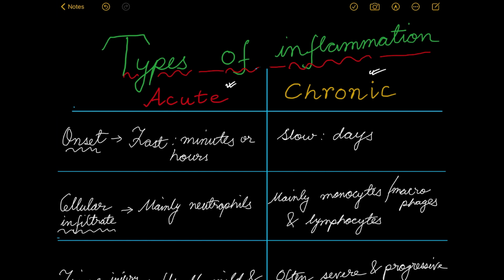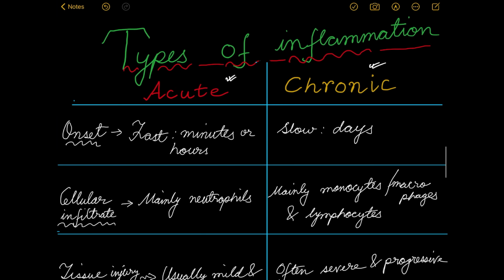Acute, typically what it means is that anything which is acute, a disease which is acute, a response which is acute, it means that it is short-lived, it is immediate. Whereas chronic very roughly means that it is persistent.